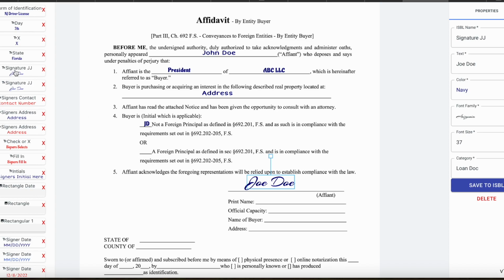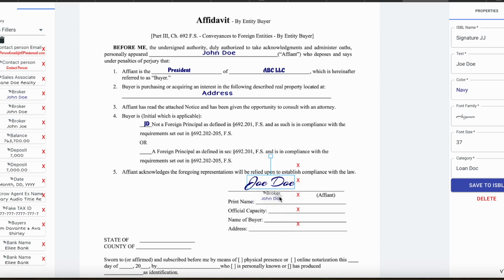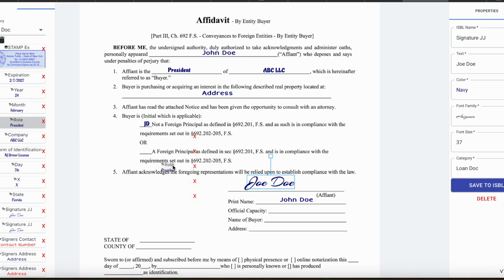Let's print your name. He's going to print his name. He's going to put the official capacity. The official capacity is the role. The name of the buyer.